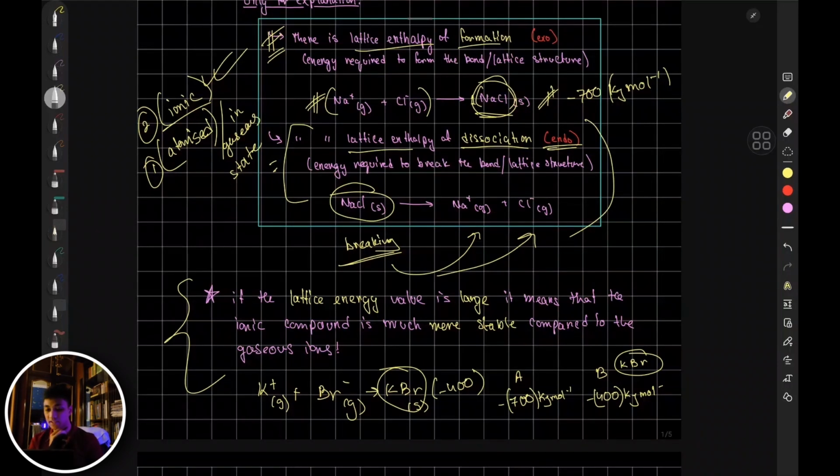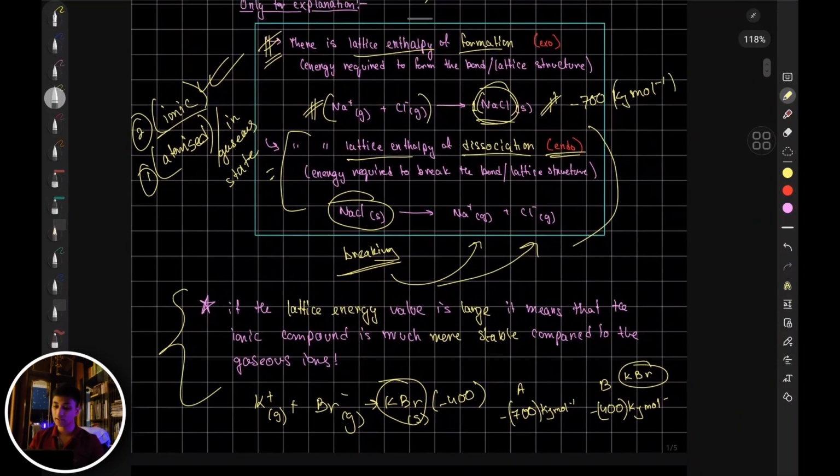Why? Because there is a larger amount of energy being released when NaCl was formed, meaning stronger bonds were formed for NaCl. Since greater amounts of energy were released, the attractive forces between the ions were larger. As a result, the bond formed is also much stronger, which is why NaCl is more stable.